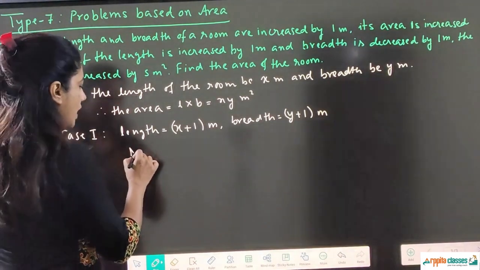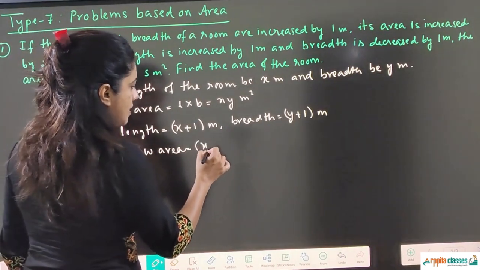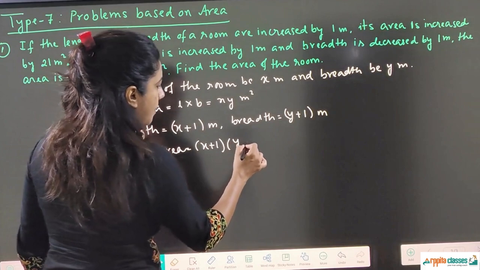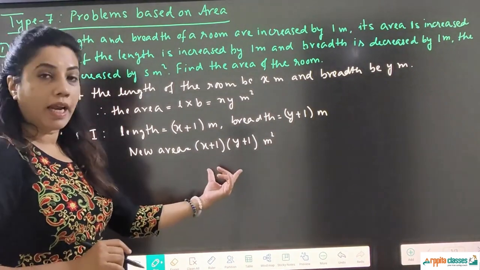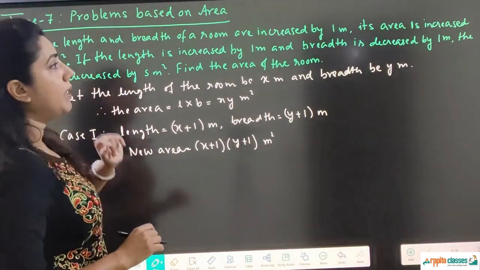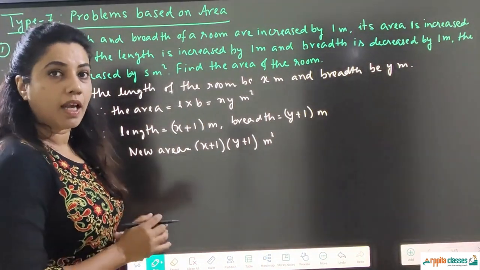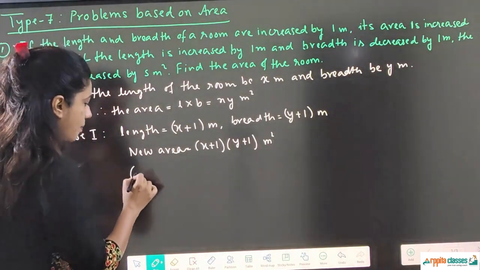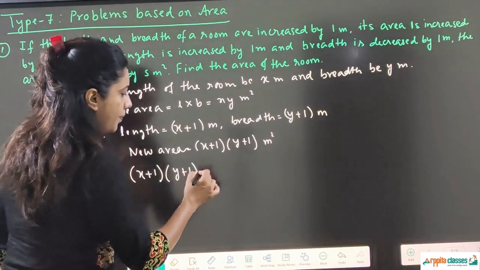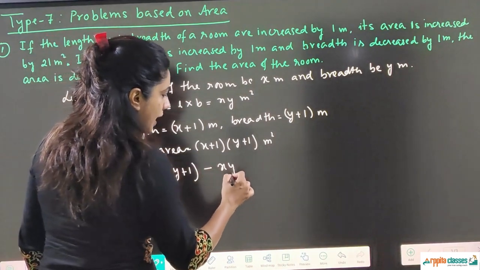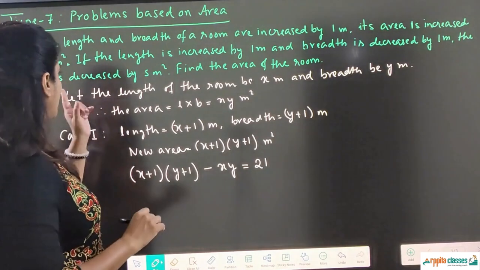So what is the new area in this case? The new area is x plus 1 into y plus 1 meter square. And they are saying this new area is 21 meters square more than the original area. So while writing the equation, we'll write the new area minus the original area is equal to how much more? That is 21 meters square more.